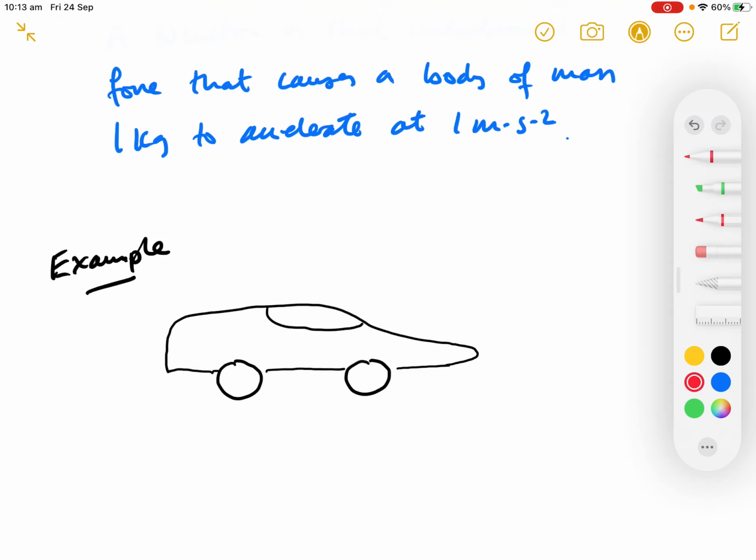And we have, let's say, an engine force which we will make 2,000 newtons, and that's driving the car along to the right.